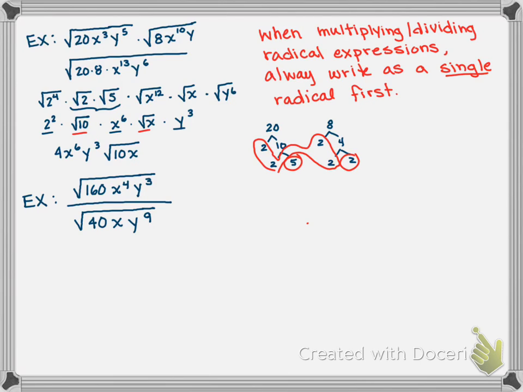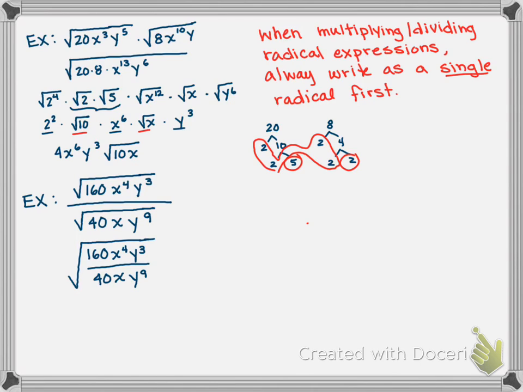So the first thing I'm going to do is just write one big radical and put that whole fraction under it. So 160 x to the 4th y to the 3rd over 40 x y to the 9th.